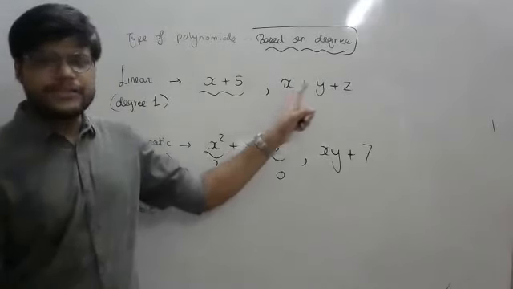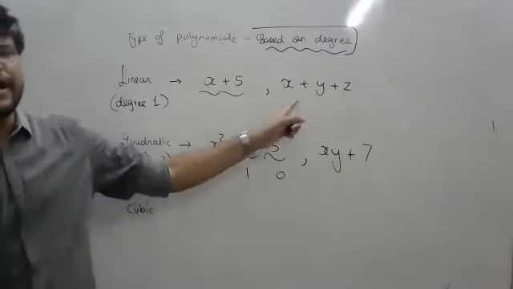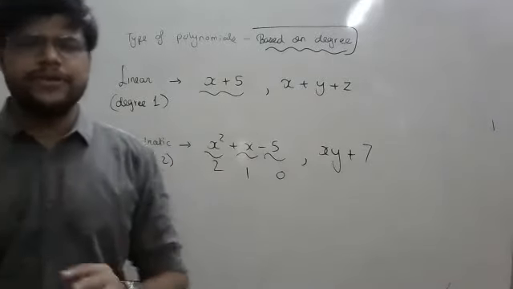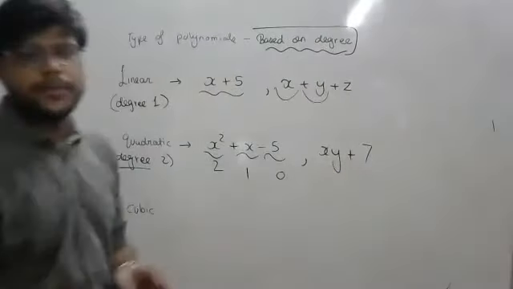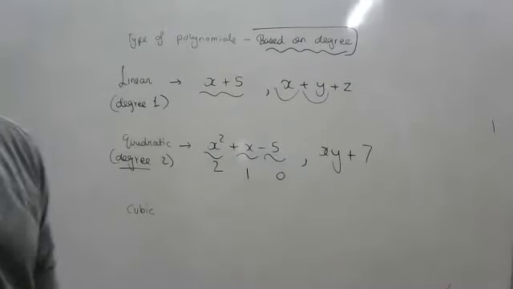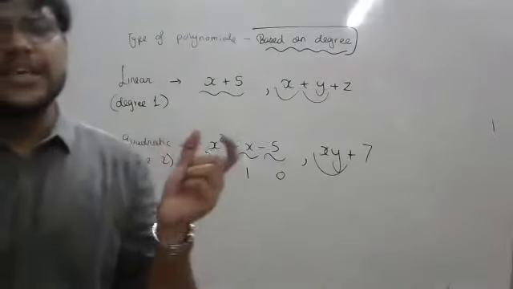Here I have written x plus y, and here I have written x into y. There's a slight difference. When you are adding the variables, their powers should not be added up. It remains a different term. This is a different term and this is a different term. But when you have variables in multiplication as a product, x into y, this is considered a single term.